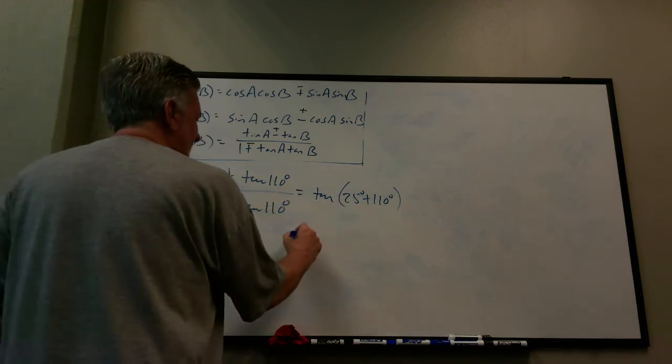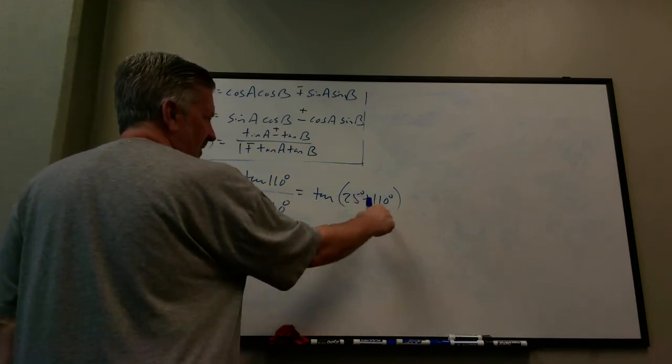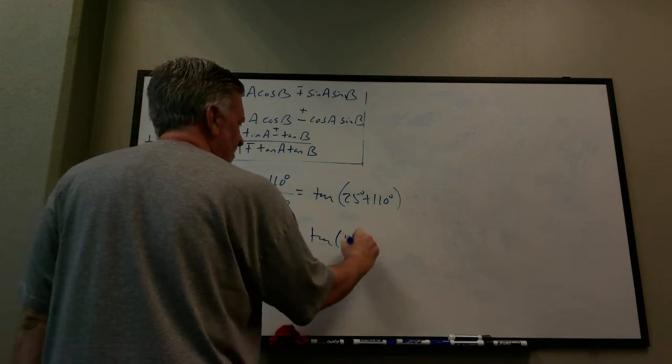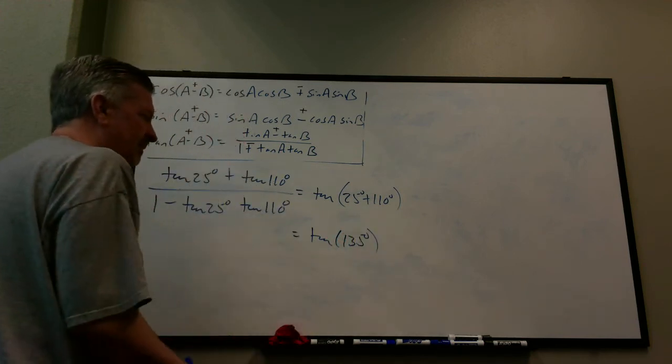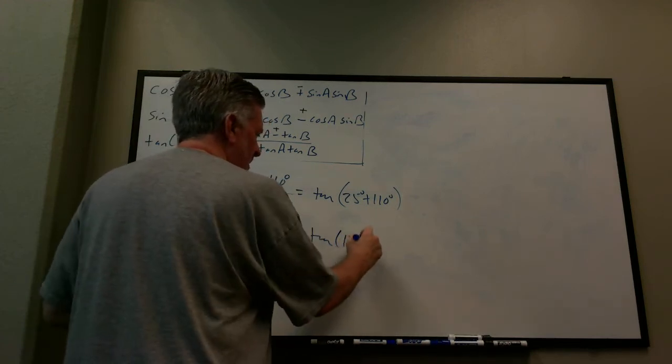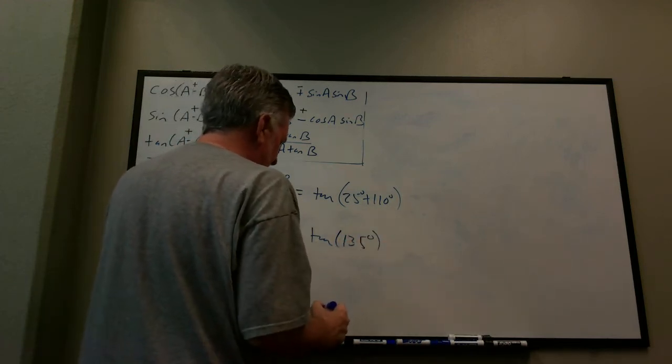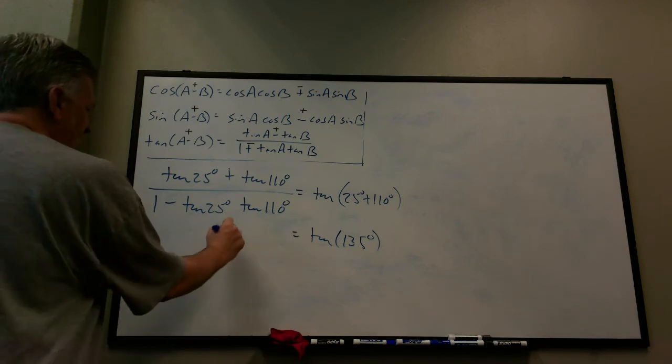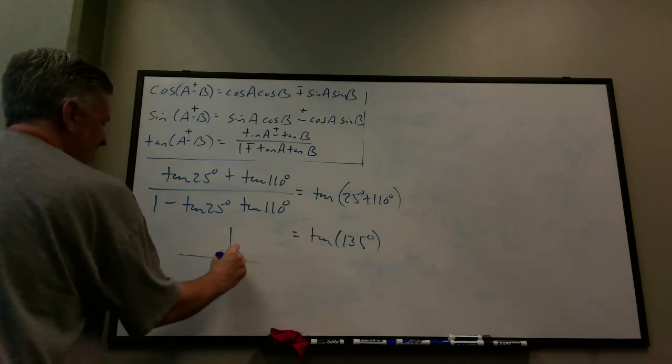Now what is that? Let's add the angles together. 25 degrees and 110 degrees is 135 degrees. Now is that an angle we can do? Is it a quadrantal, or does it involve a special triangle? Well, 135 degrees is in the second quadrant.